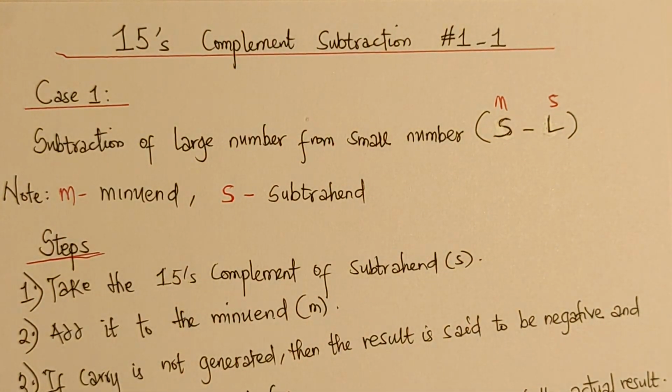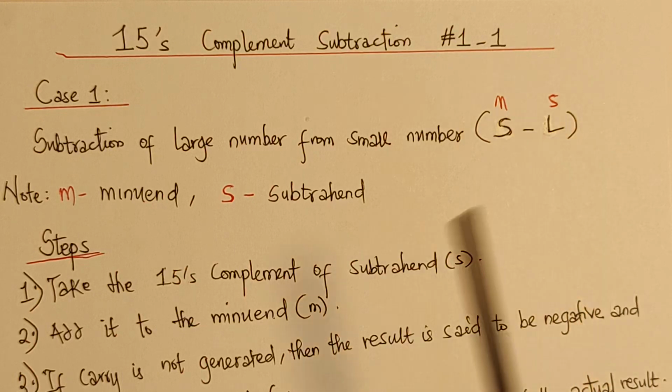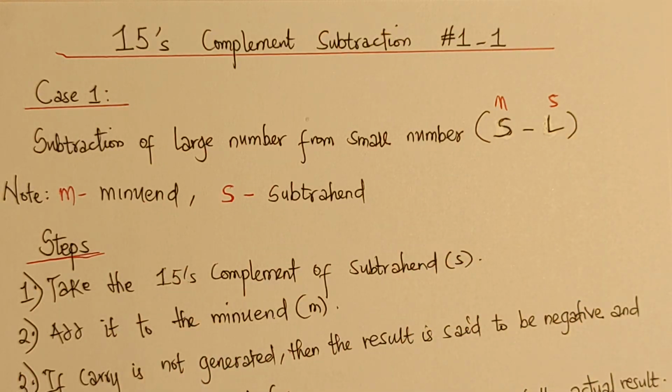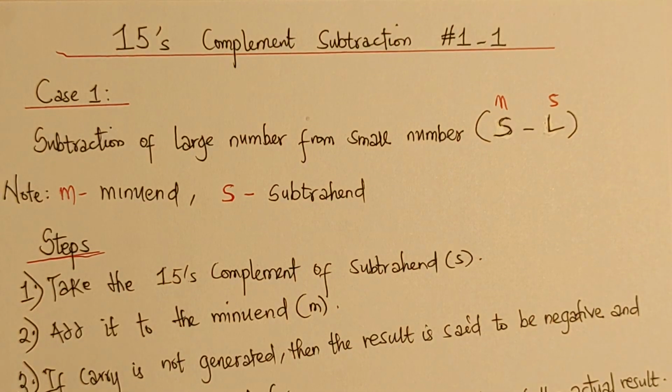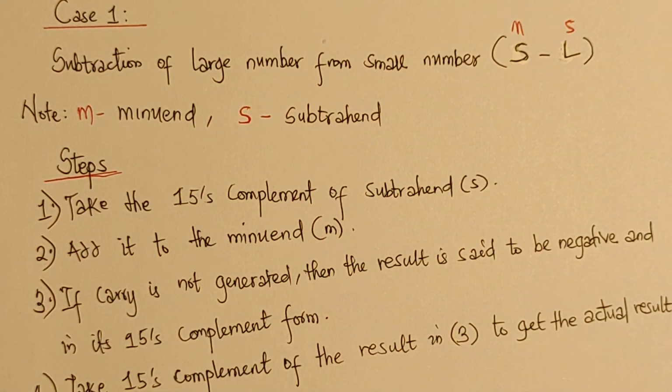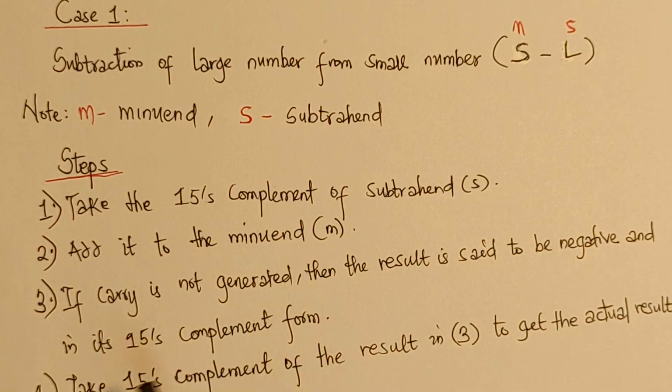Step 1 says, take the 15th complement of the subtrahend. Once you've gotten the 15th complement, add it to the minuend. From that, you check. If carry is not generated, then the result is said to be negative and in its 15th complement form.